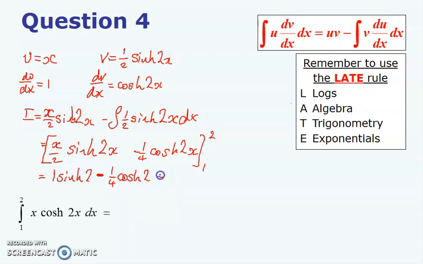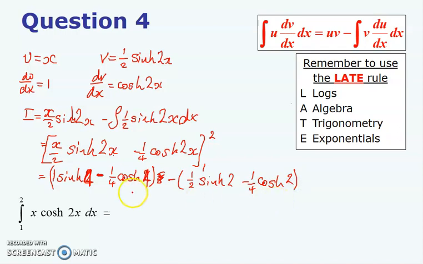If I put 1 in, that's a minus, 1 over 2 sine. I just realised that should be sine of 4, because it's 2 twos, and this should also be cos of 4. And it's only sine of 2 when I put 1 in. There you go, nearly a bad mistake. Minus a quarter of cos 2.